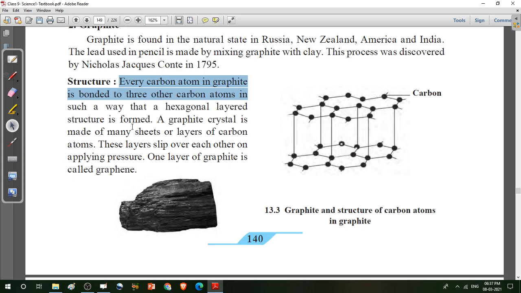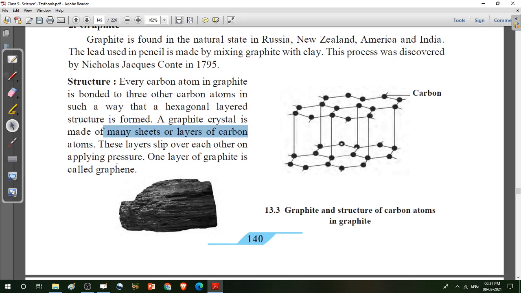A graphite crystal is made of many sheets or layers of carbon: one layer, then another layer, then a third layer, a fourth layer, in this way. These layers slip over each other on applying pressure.